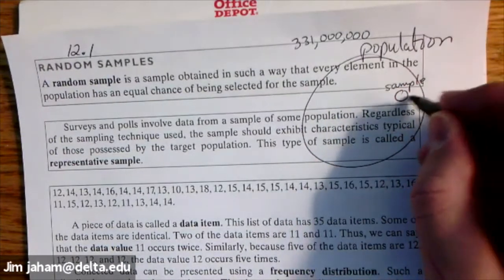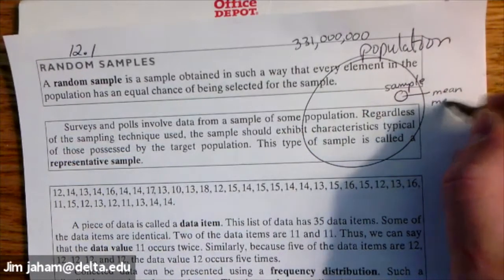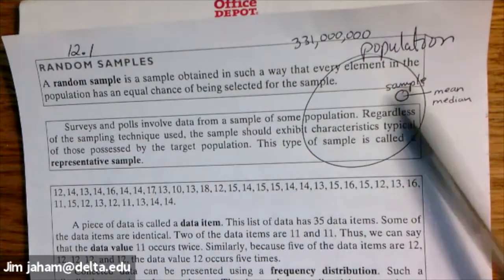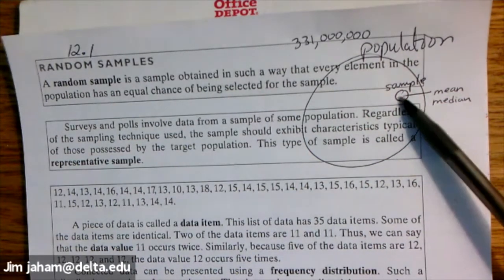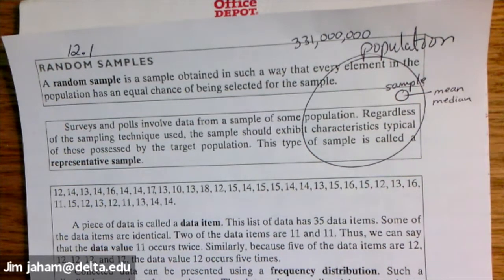And then we calculate a statistic, maybe the mean or the median or something like that. And then we say, since this sample is taken randomly, it's going to be just like the population. So it's a good estimate of the population. And if you ever take a statistics class, which I would recommend, it's useful stuff, and most jobs out there will use it in some format or another.